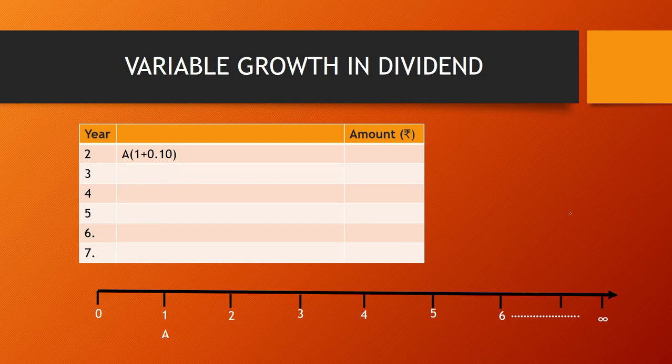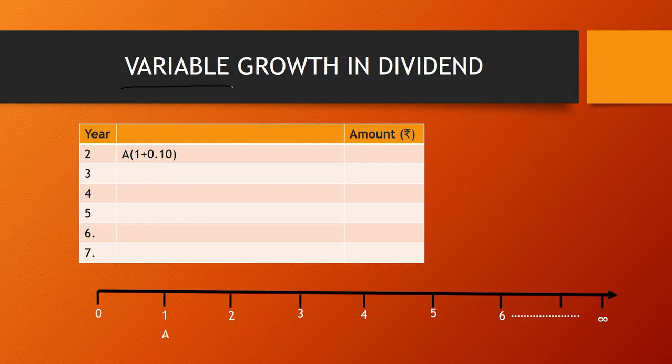Now let's learn the variable growth in dividend. Here the word variable means the percentage change in dividend is changing, it's not constant throughout. That means if in the first year it's 10% growth, in the next year it can be 10% or it can be 11, 12, 13%.